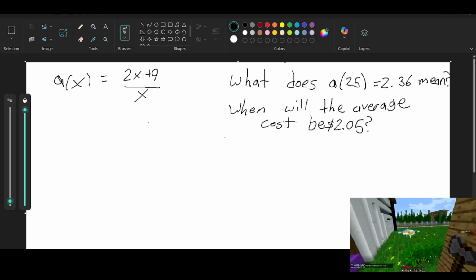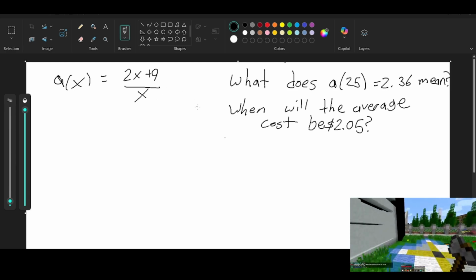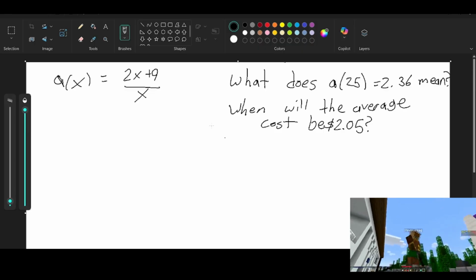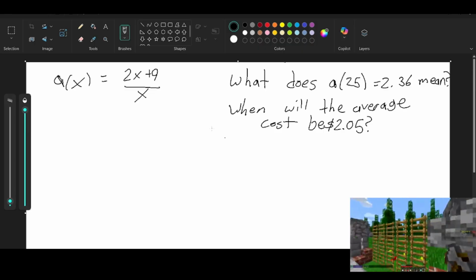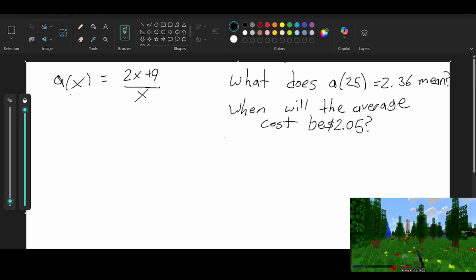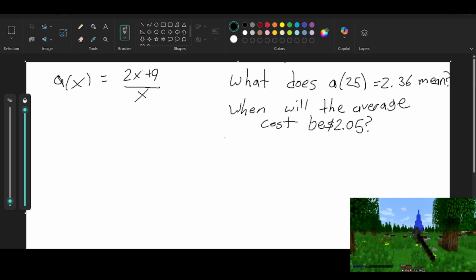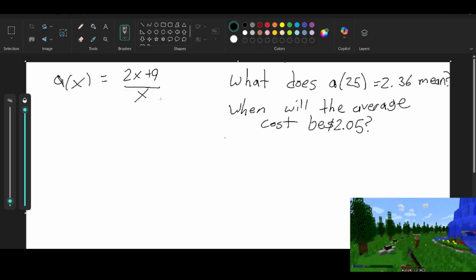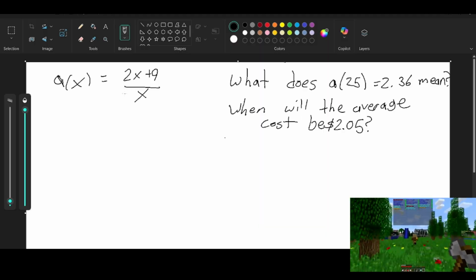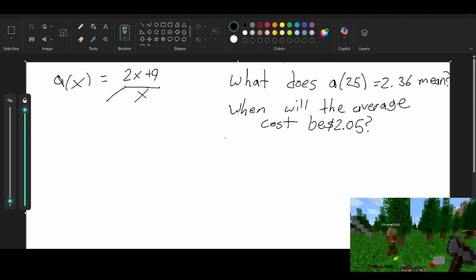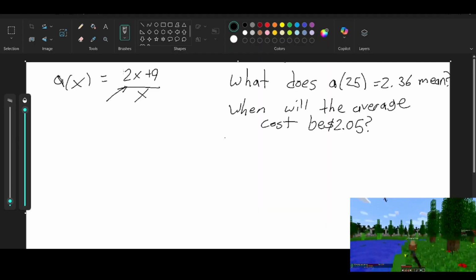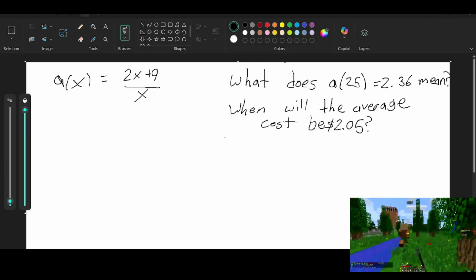So, this problem right here is what I believe was station 2. It was about the fidget spinner factory. We were given this function a of x, which is 2x plus 9 over x, right? The reason this is the function is because for every x fidget spinner that we're buying, it costs $2 to produce that.